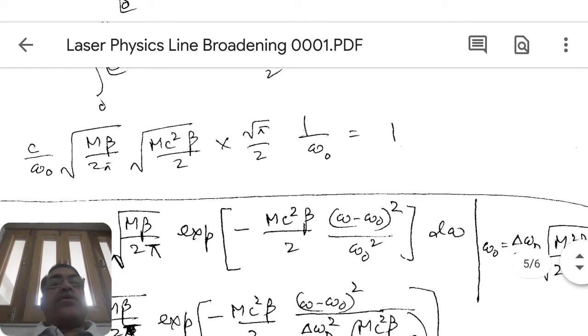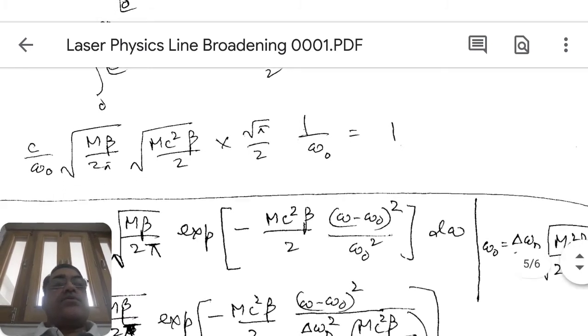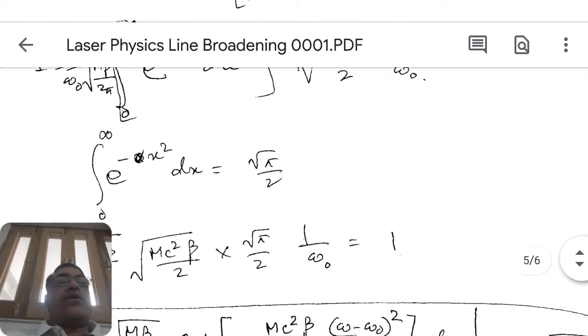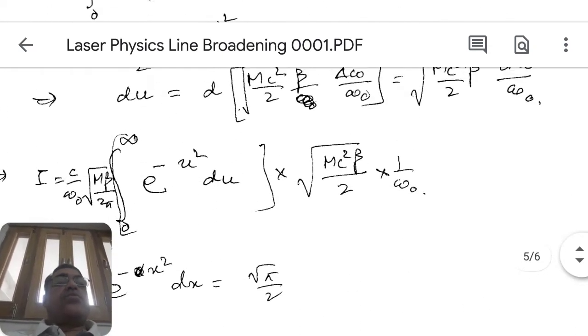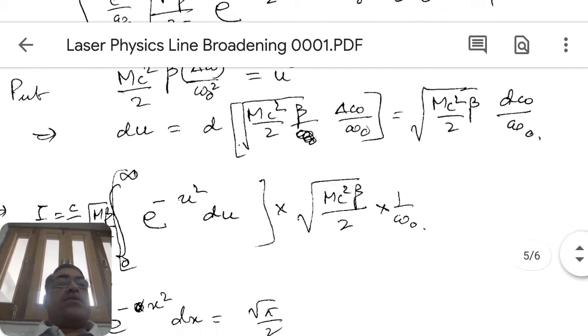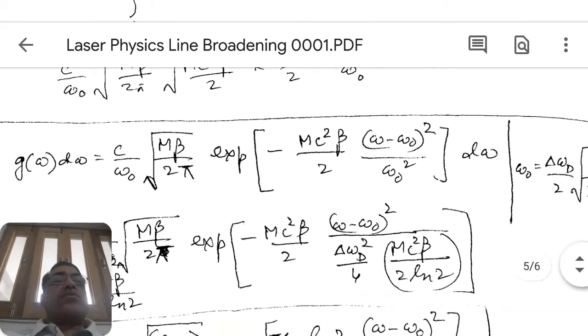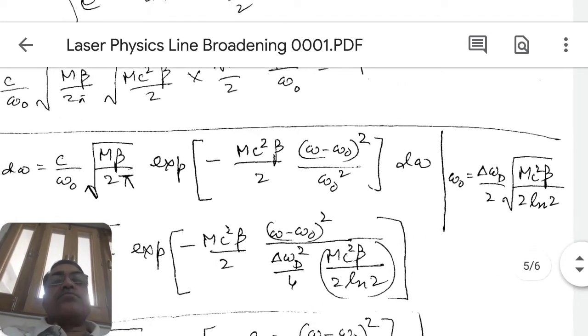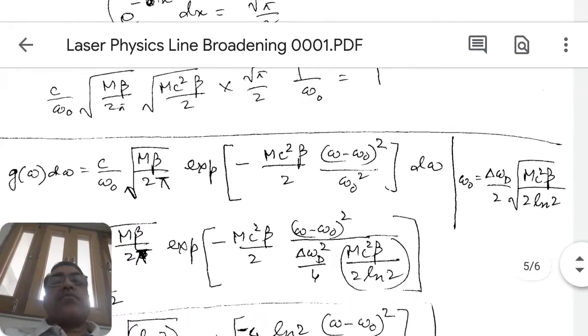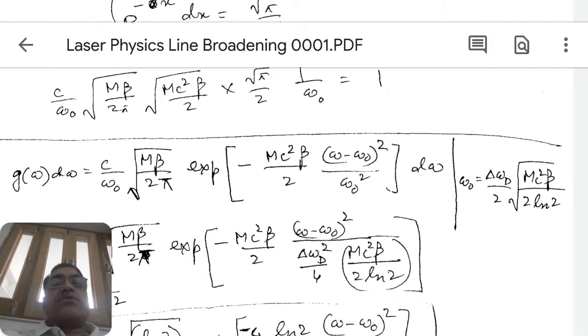Now this must be equal to 1, because on the RHS we see that 1 by omega naught is also there. Now the line shape function becomes c by omega naught, m beta by 2 pi mc square.